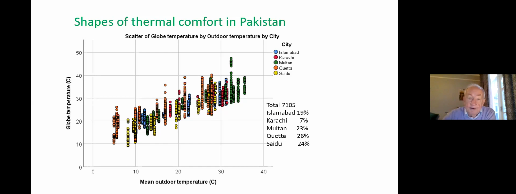So there's a problem for part of the year. So Karachi is rather underrepresented, but you can see that it is there. Karachi, you can see it's here and going across, and obviously on the whole, a flatter curve than the other ones.